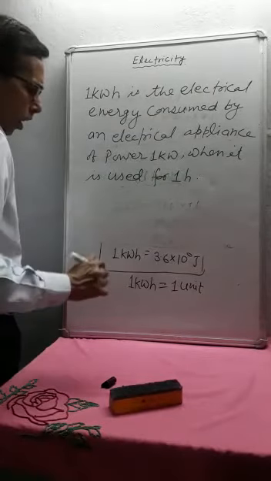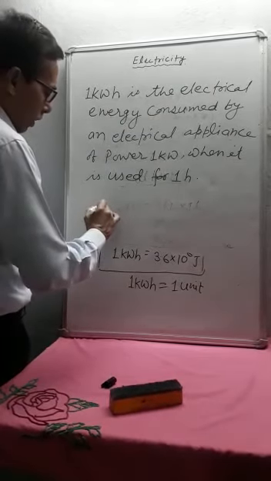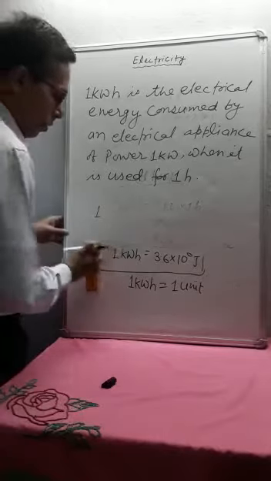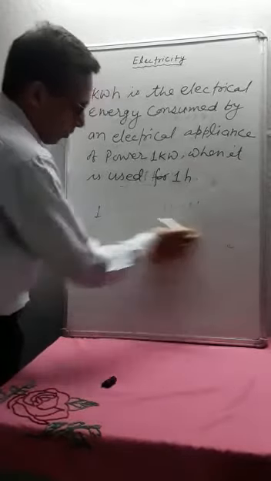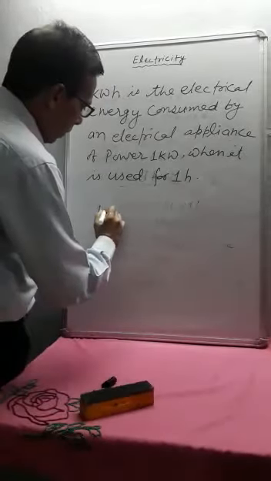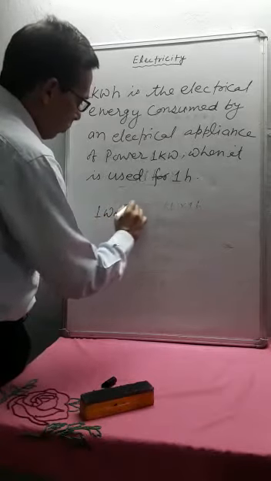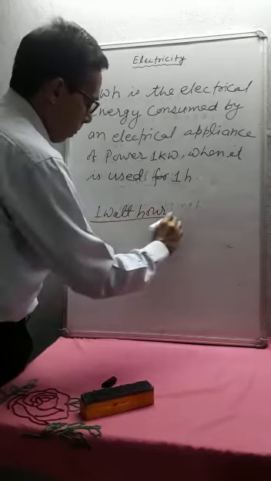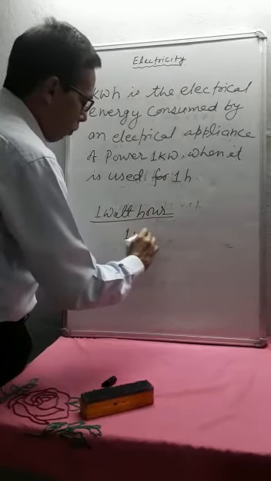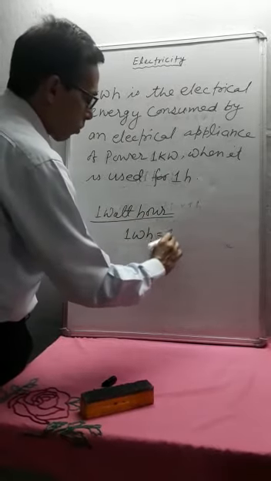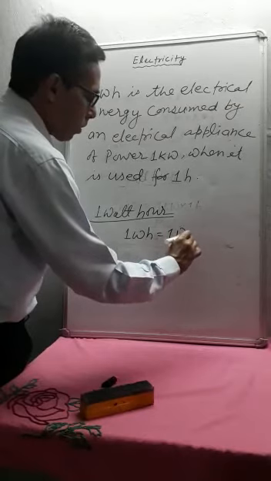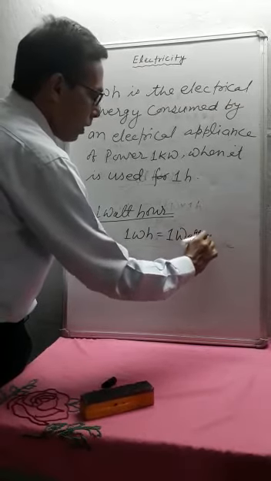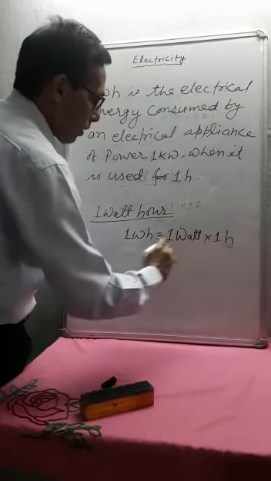Now, how many joule in 1 watt hour? 1 watt hour is equal to 1 watt into 1 hour.